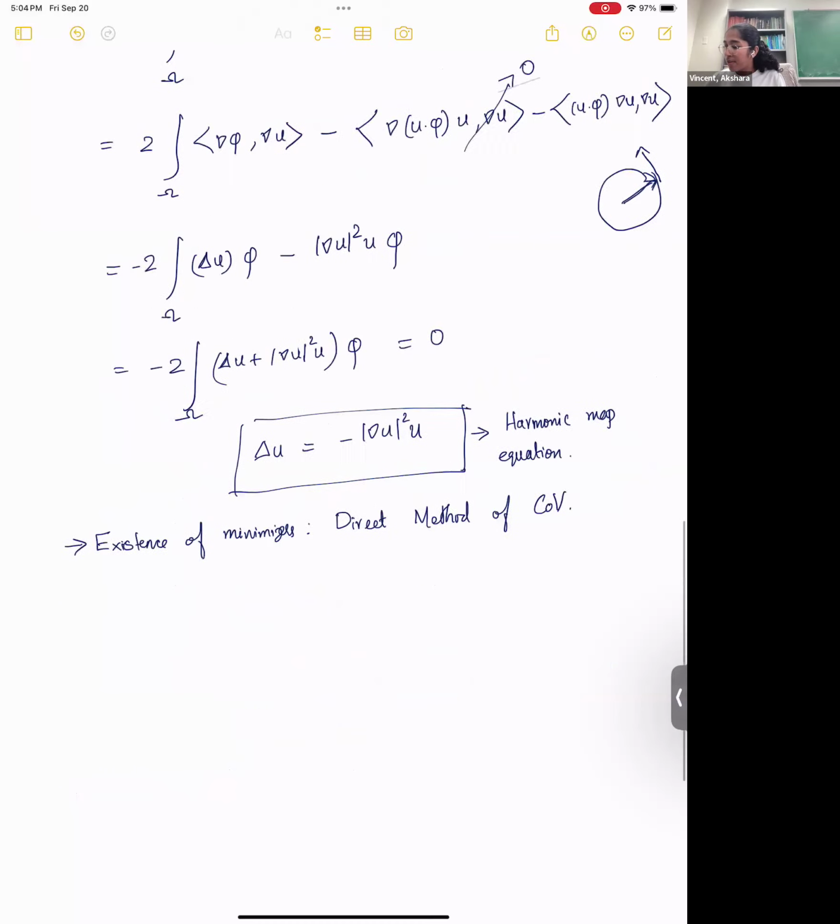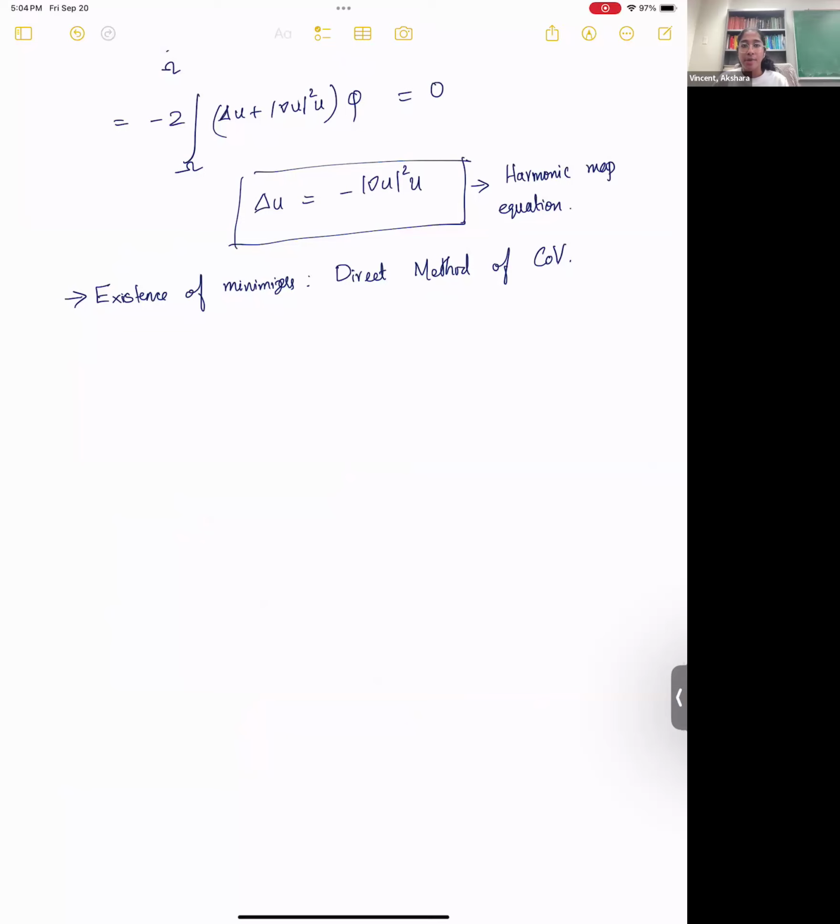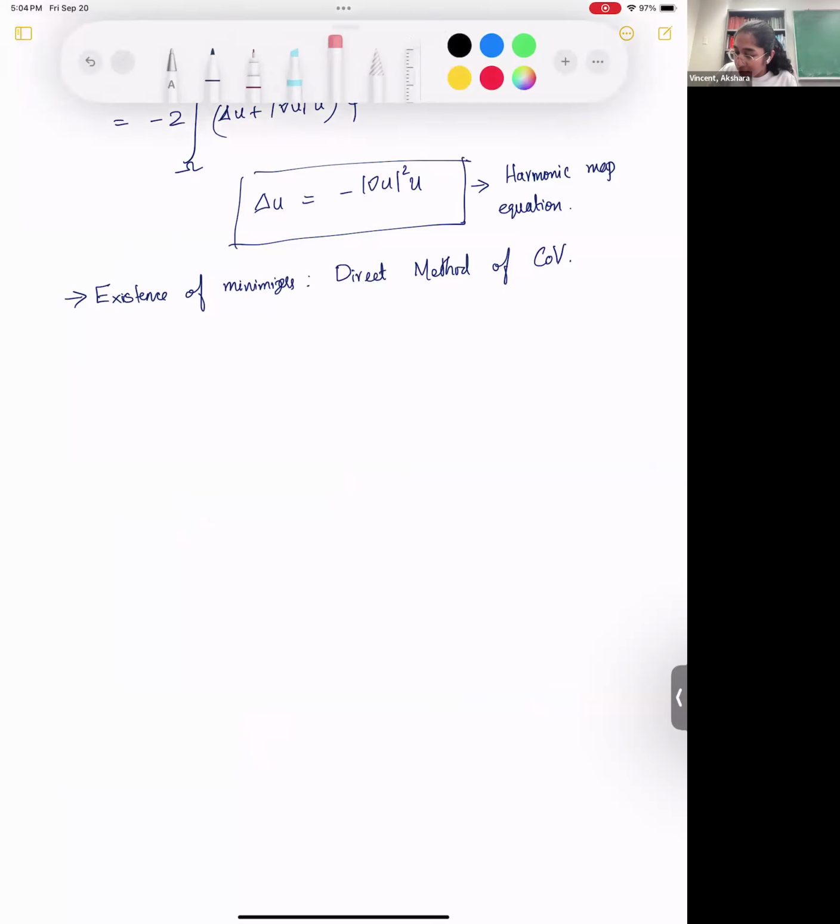So today, our goal will be to look at the regularity of these minimizers. So let me state the main theorem. Let n be greater than or equal to 3, and let u belong to W^{1,2} from B^n to S^{n-1}.